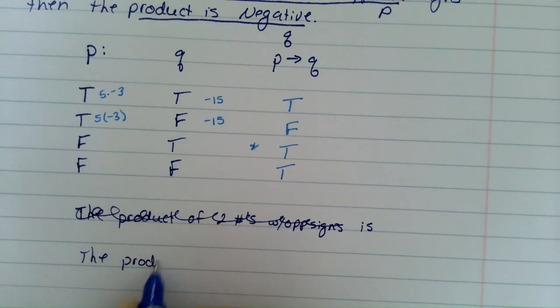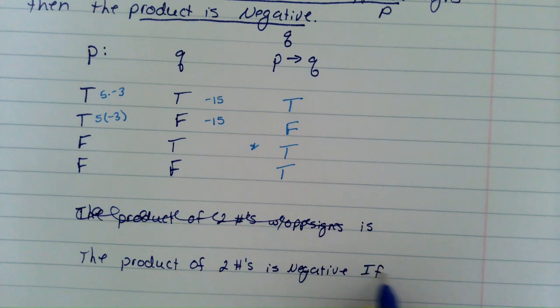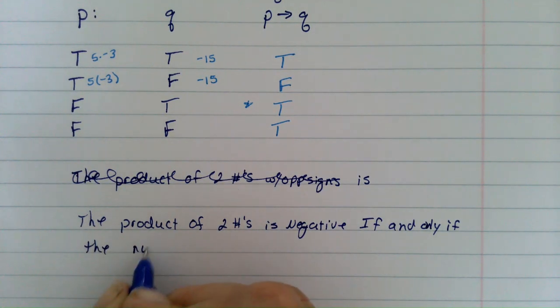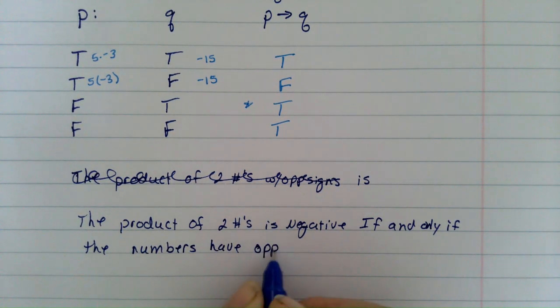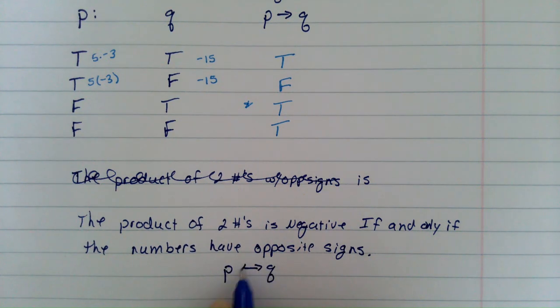The product of two numbers is negative if and only if the numbers have opposite signs. Now we're saying this is biconditional. We're saying if you have P, then you get Q, and if you have Q, then you get P.